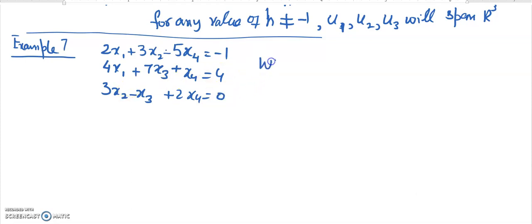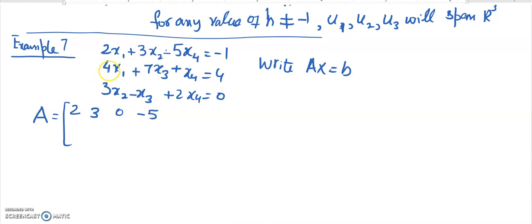Write this system of equations in the form Ax = b. In this case, A will be a matrix of coefficients. Since we have 4 variables x1, x2, x3, x4, it will have 4 columns. The first row is 2, 3, and x3 is missing, so 0, then -5.